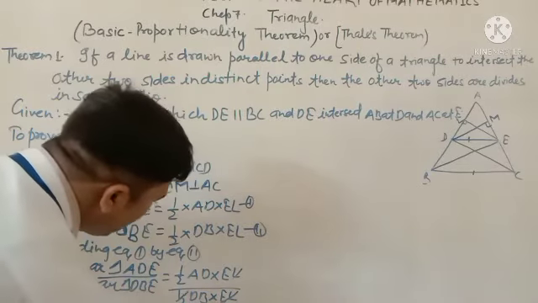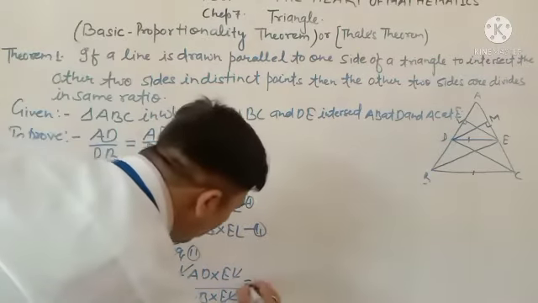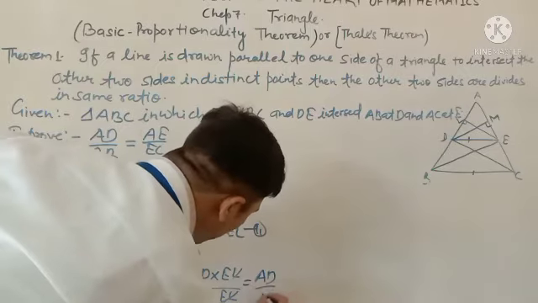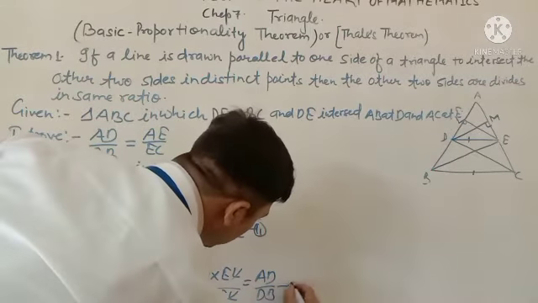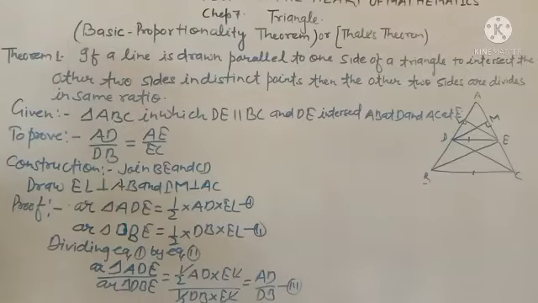Here half and EL cancel, so this is equal to AD upon DB. Take it as equation number 3.